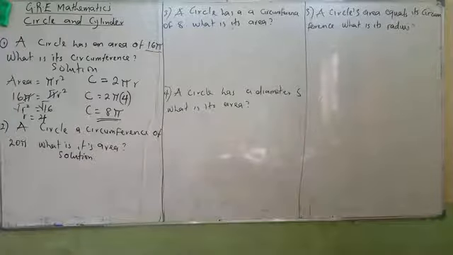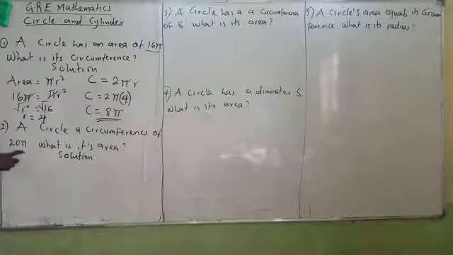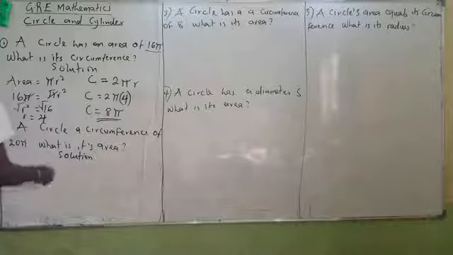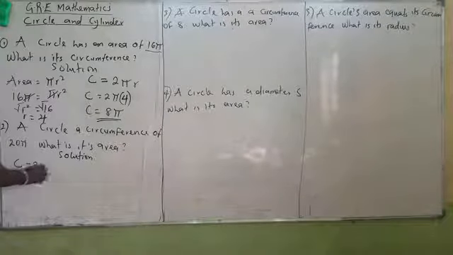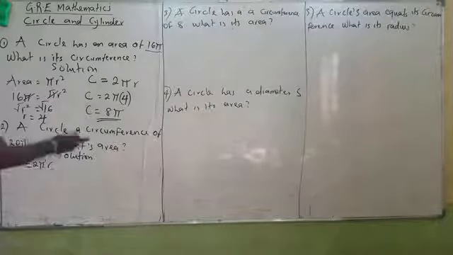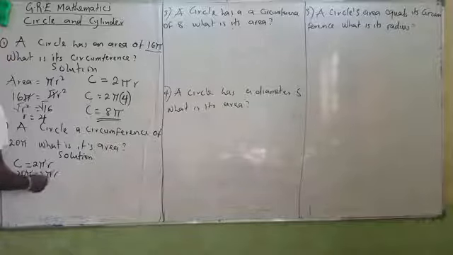Now, the next one. A circle has a circumference of 20 pi. What is its area? Now, circumference equals 2 pi r, and we have 20 pi equals 2 pi r. We cancel pi, and 20 over 2 gives 10.